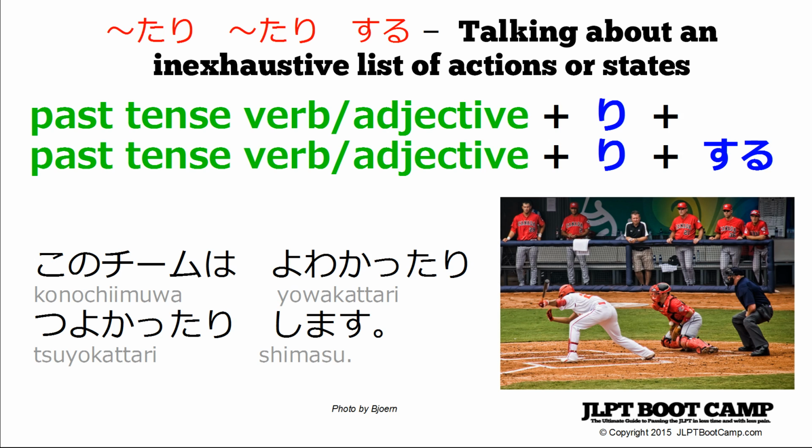And you can use this with actions like you did in the example, or you can use this with adjectives. Either way you use it, you form it the same way. You have to use the past tense of the verb or the adjective plus ri, and then usually another past tense verb or adjective plus ri, and then suru. Usually there's two of these.